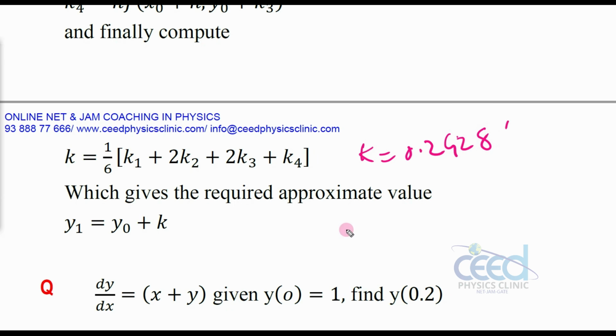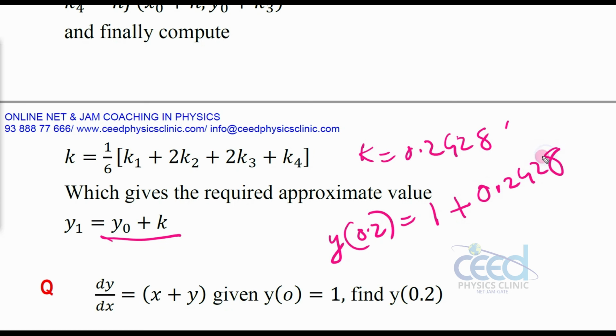Then y of 0.2 is equal to y0 plus k. y0 is 1, so 1 plus 0.2428 is 1.2428. So this is the answer. Thank you.